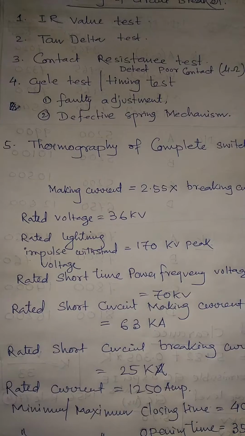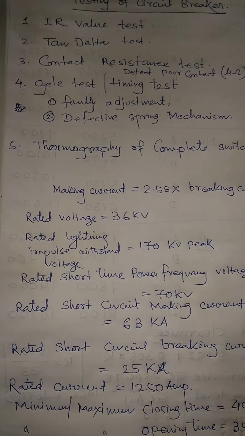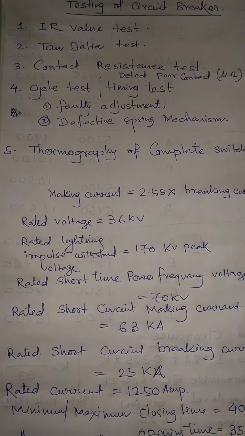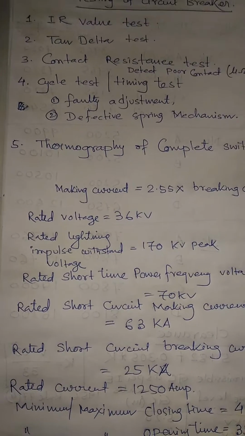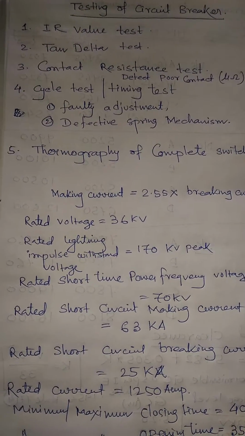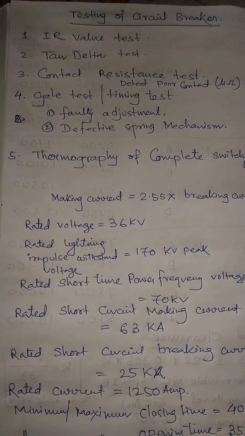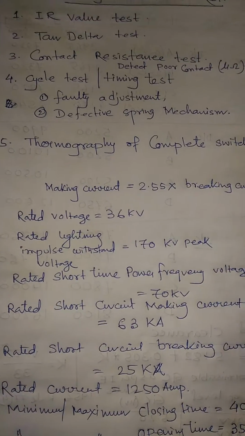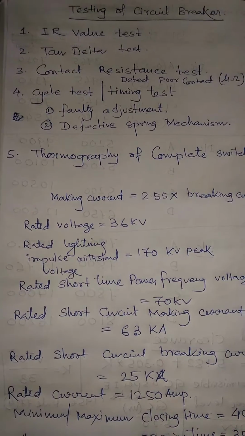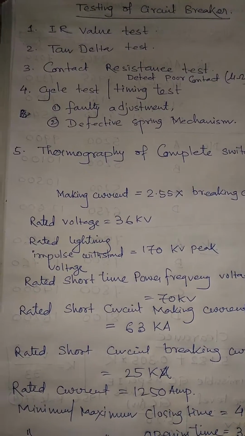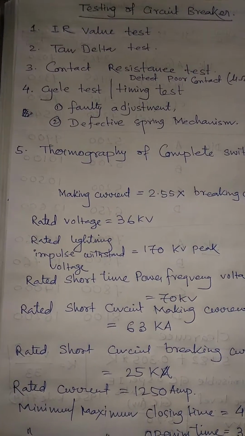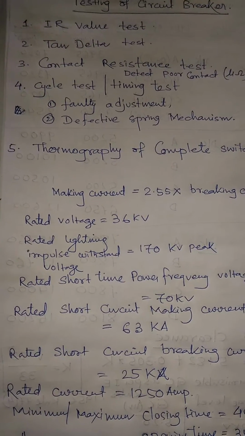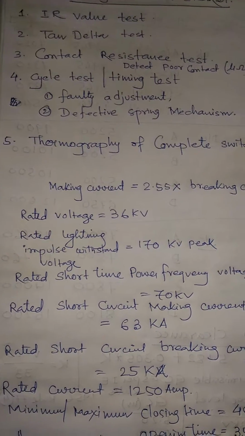The fourth test is the cycle test or timing test, to detect faulty adjustment and also defective spring mechanisms. With the help of this test, we can identify mechanism related problems. Is the breaker operating properly?